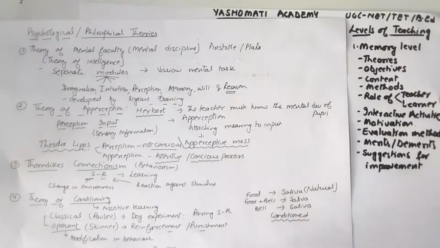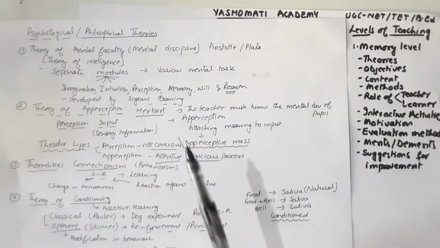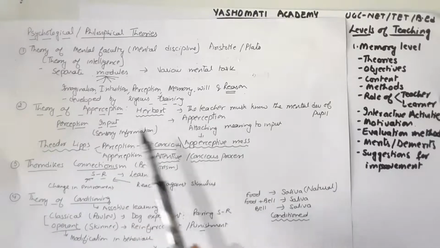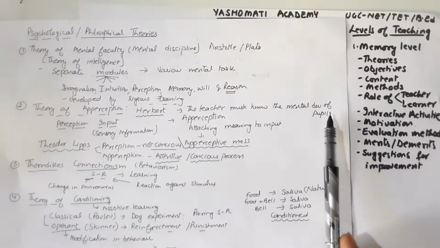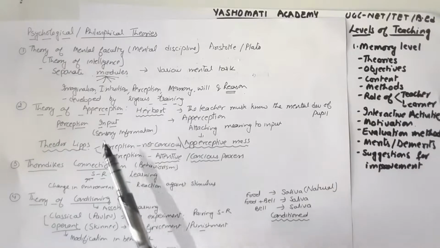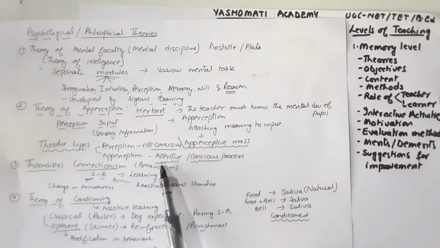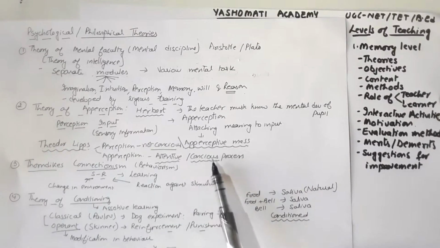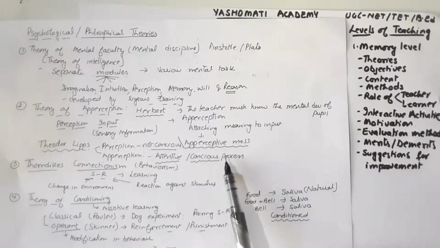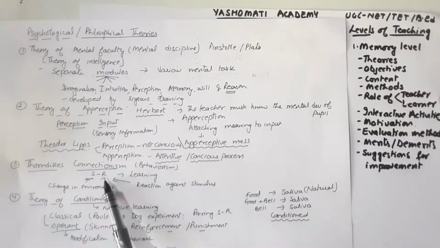Out of these theories, what we can learn is that teaching at the memory level can be improved if the teacher is fully aware of the mental development of the child, if the teacher can attach meaning to the input, if the learner is attentive and he is consciously trying to learn the material, if we can form the connection between stimulus and response and we can exercise it, then the bond between stimulus and response will be strengthened.